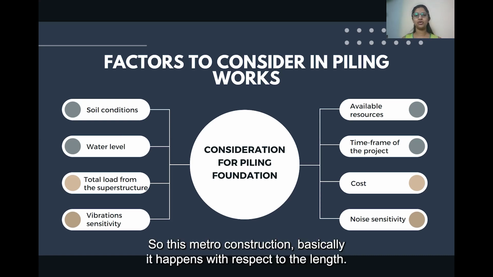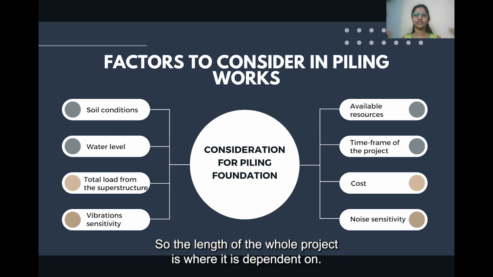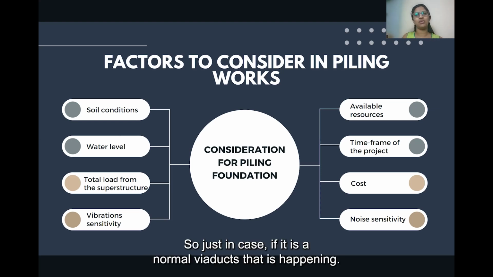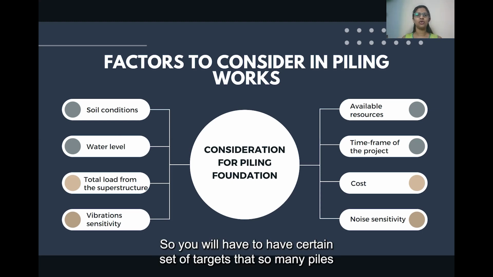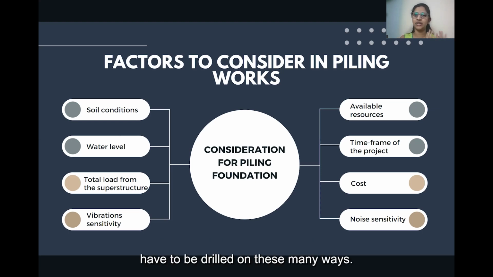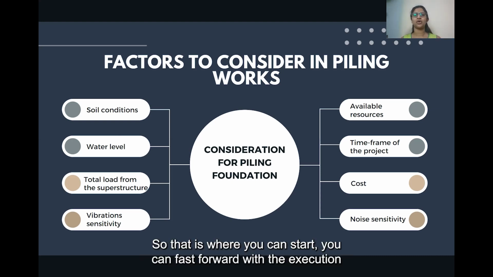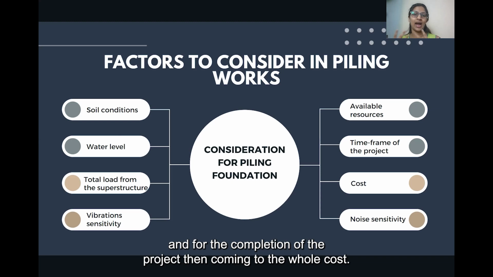Metro construction basically happens with respect to the length. So the length of the whole project is what it depends on. In case it is a normal viaduct, you will have to have certain targets, that so many piles have to be drilled in so many days. That is where you can fast forward the execution and the completion of the project.